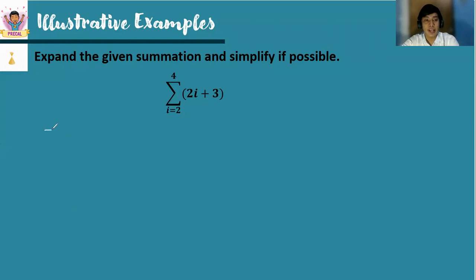To answer that, let us expand now. So we put an equal sign. Then we continuously substitute the value into the function 2i plus 3. We will start with the lower boundary. So we start with 2 times 2 plus 3, plus the next number, 2 times 3 plus 3.